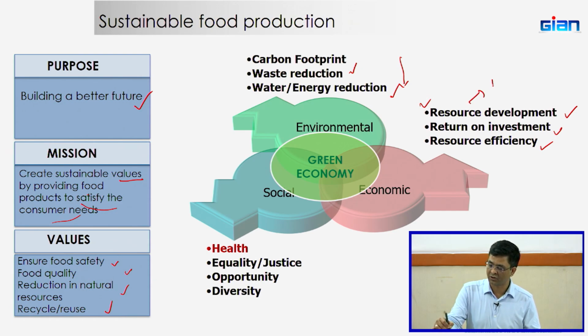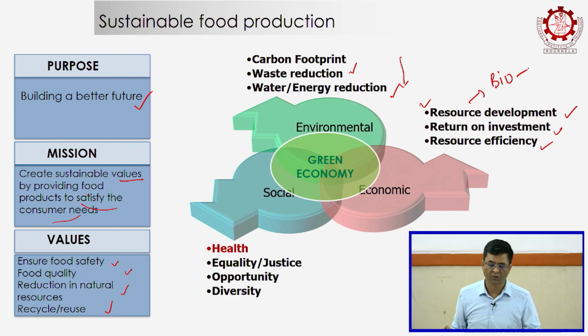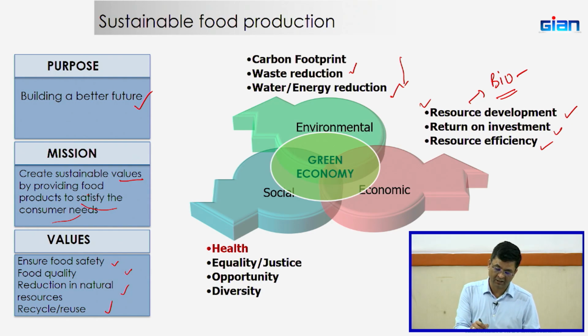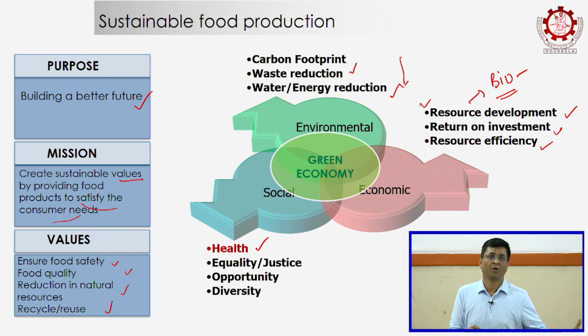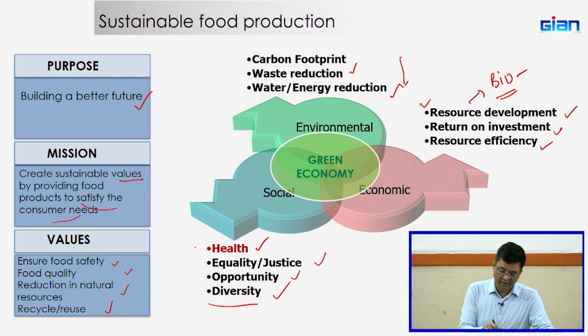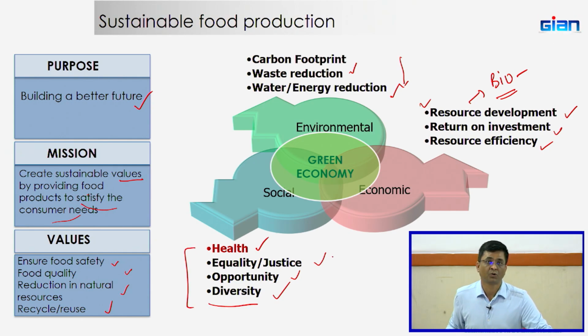Now the change to bioresources, that means all the resources of biological origin, this becomes your bioeconomy. This is the one we have already discussed. Social is related to health, equality, justice in terms of security, access to safe water, food, opportunity and diversity. That means people have all these social benefits.